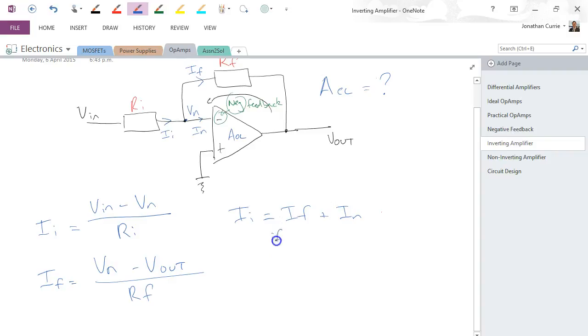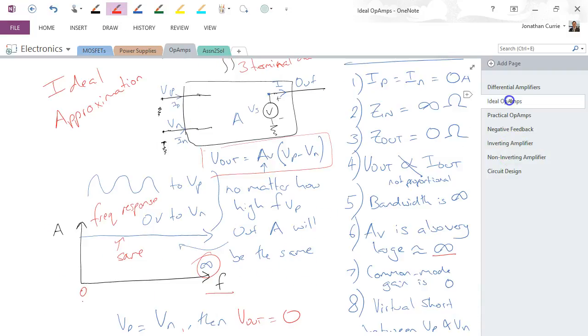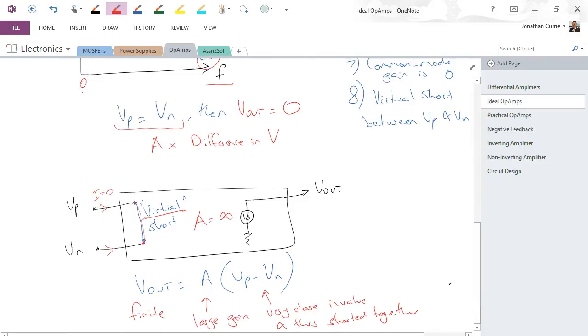So if IN equals 0 in the ideal case, II will be equal to IF. All the current is flowing through the resistors to the output. Furthermore, we assume the virtual short between these two terminals, so the voltages between them have to be equal.